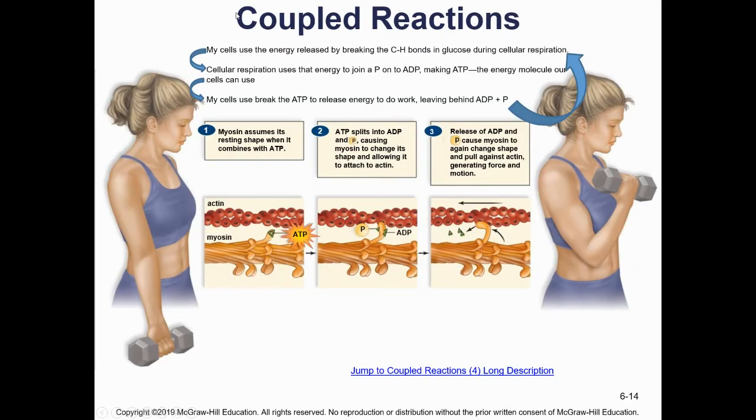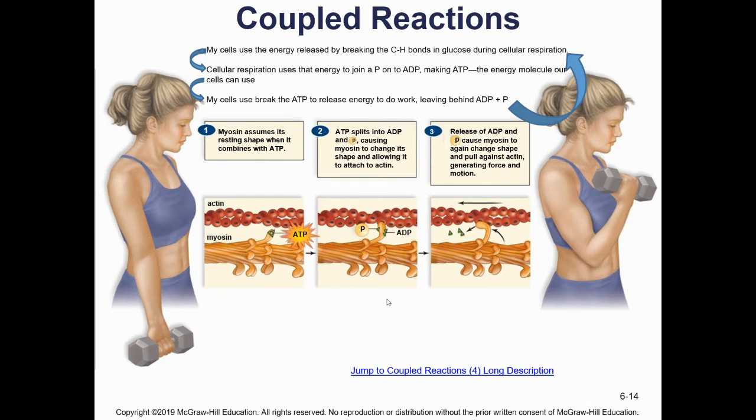So we call these coupled reactions because when I break down a big molecule and release energy, I'm doing that to use that energy for something else. I capture that energy, I use it. So the coupling we're looking at is in my cells, I use the energy that's released when I break the carbon-hydrogen bonds in glucose during cell respiration.